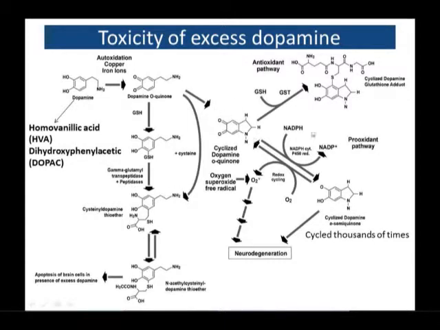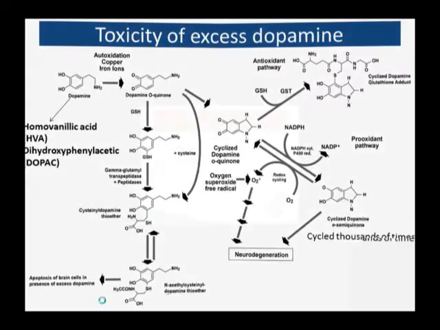One of those compounds, called cyclized dopamine o-quinone, can end up essentially sucking up glutathione reserves as the body tries to deal with the oxidative stress. We can also create these other compounds that have a direct killing effect on the nervous system.